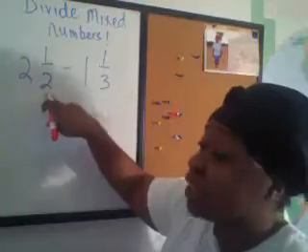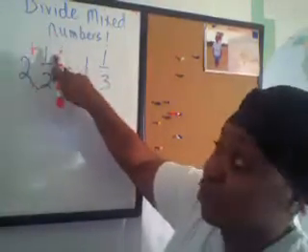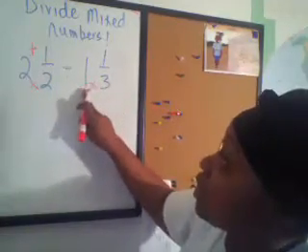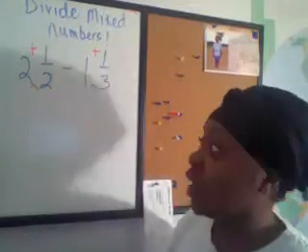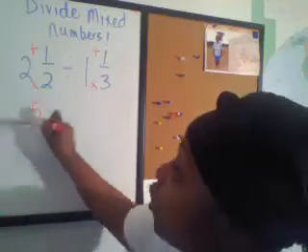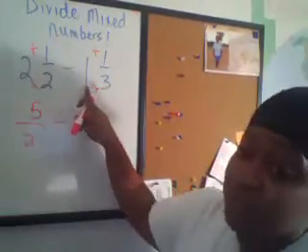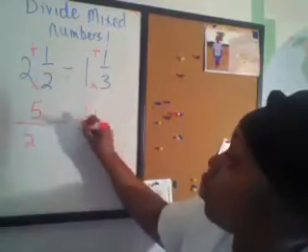In order to turn a mixed number into an improper fraction, we have to multiply the denominator, use your vocabulary, denominator by the whole number, plus the numerator. Always keep your same denominators, okay? So 2 times 2 is 4 plus 1 is 5 over 2, divided by 3 times 1 is 3 plus 1 is 4 over 3.